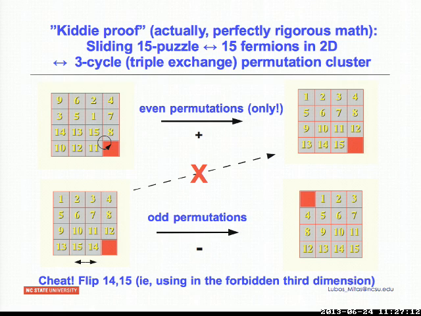The reason is that if you start from this configuration and scramble it without using the 3rd dimension, you explore even permutations only. If you flip 2 of them, you go through the forbidden direction, basically jumping from one nodal domain to another, and then you will explore only odd permutations, and there is no possibility to get from here to there using only 2 dimensions in this setting.